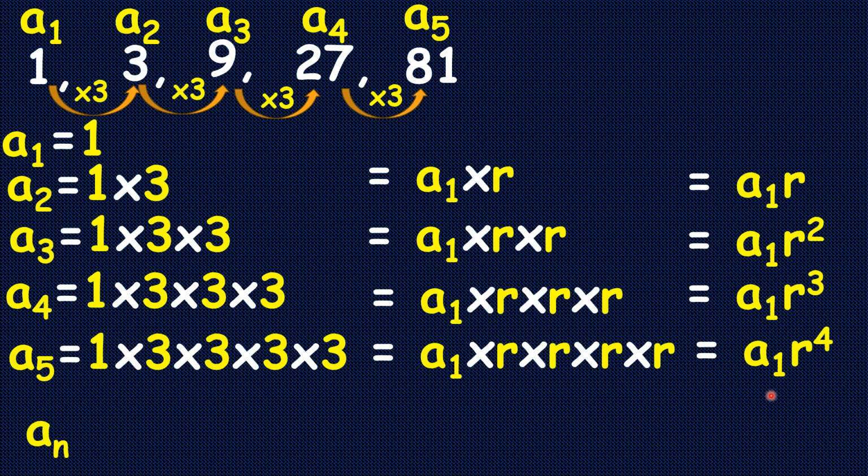Now, we have seen a pattern that says A subscript n, that is the nth term, is A1 times R raised to the power n minus 1.